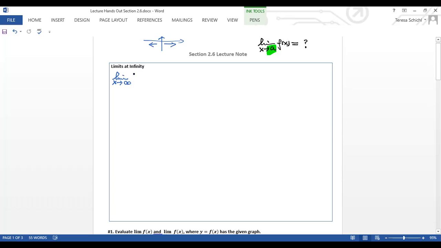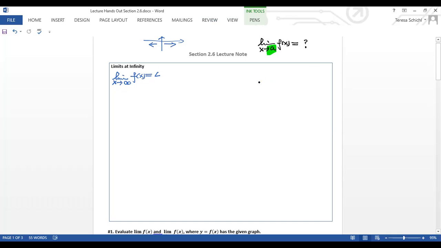So we say the limit as x approaches infinity of f of x is equal to some value here. That means when x goes to bigger and bigger values, the function is getting closer and closer to some fixed number.